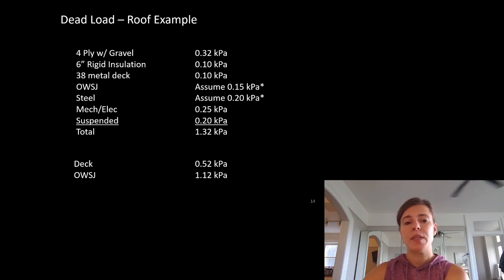But the open web steel joists would probably have mechanical and electrical hanging from them and the suspended ceiling hanging from them. So in that respect, the only thing the open web steel joists wouldn't support would be the weight of the steel itself, or 1.12 kPa.